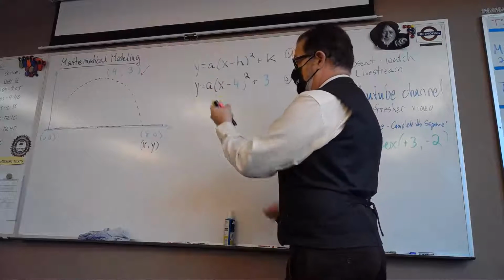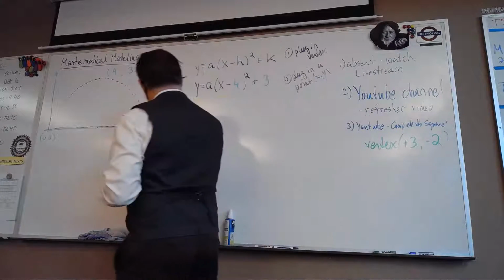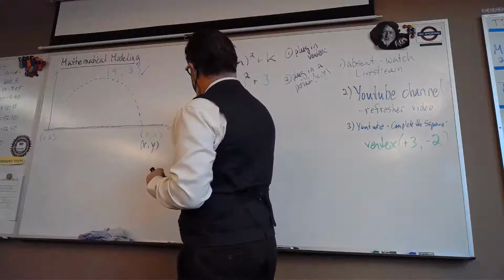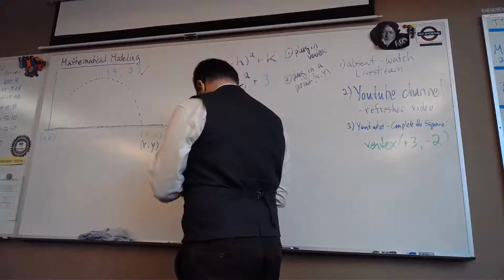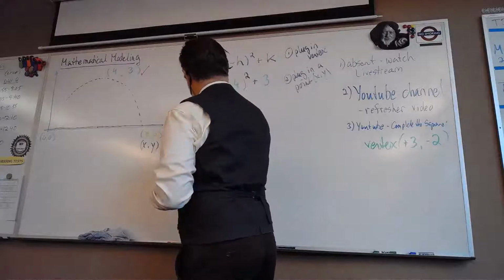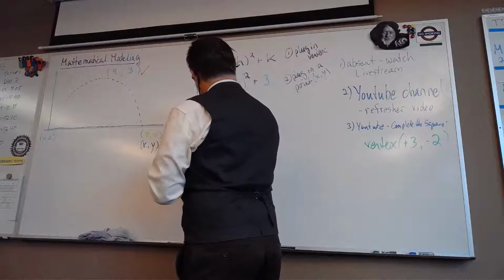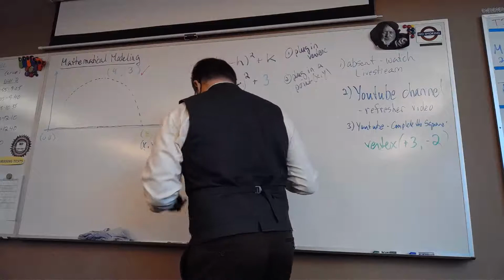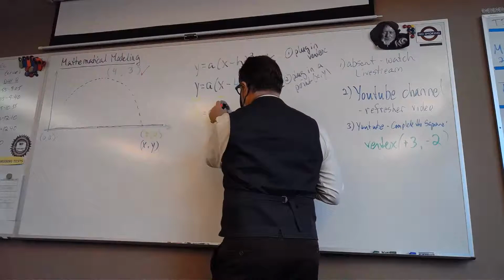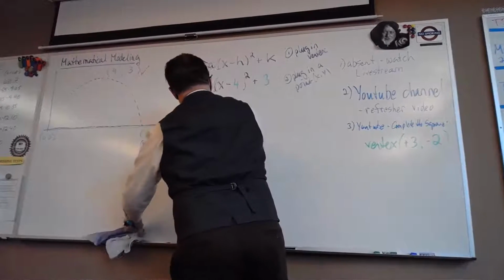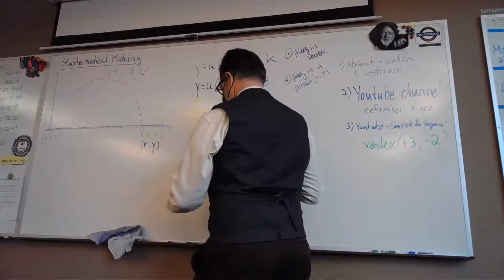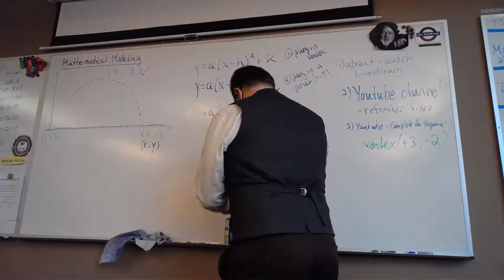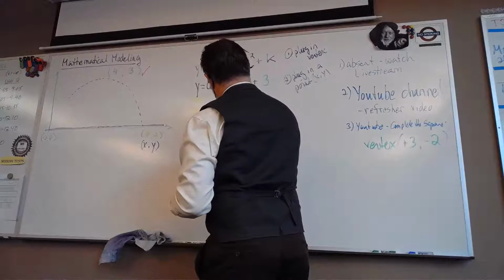I'm going to color code it again. Going to make this yellow, 8, 0. I've got 0. Uh-oh, gonna have an awful lot of colors. Equals A parentheses, whoops, 8 minus 4, I'm just trying to keep track of where everything came from.